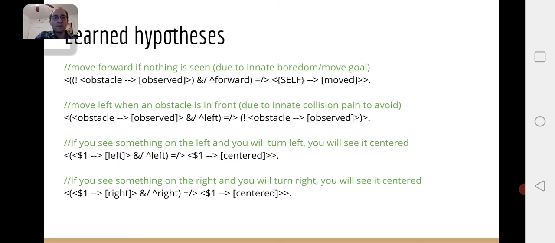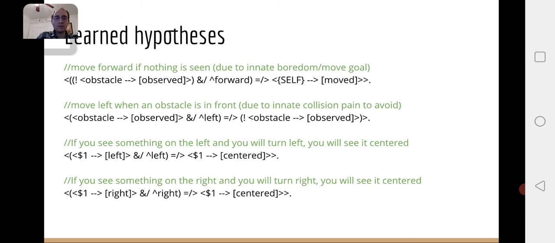Also it learns, okay, if I move to the left and the obstacle is in front, then I don't see this obstacle anymore. So automatically, simply by not wanting those obstacles to be seen close, it learns and uses this knowledge: if I turn left, if there's an obstacle in front, I can avoid the obstacle.